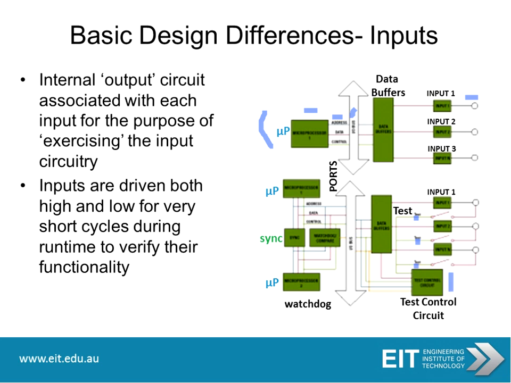And again on the left-hand side you see we've got more than one microprocessor, we've got our sense circuit, and we've got our watchdog and compare functionality over there. So the inputs are driven both high and low for very short cycles during runtime, and that's to verify their functionality.